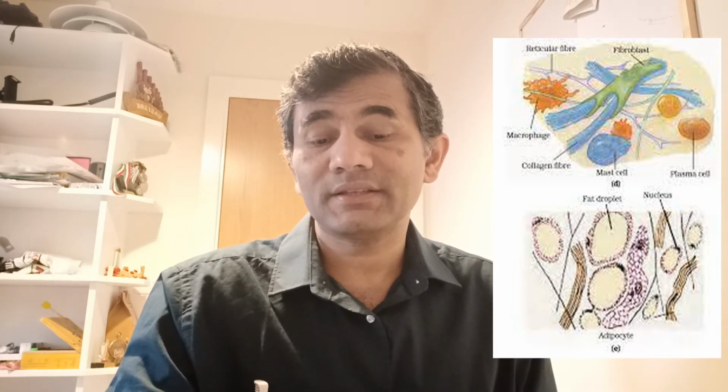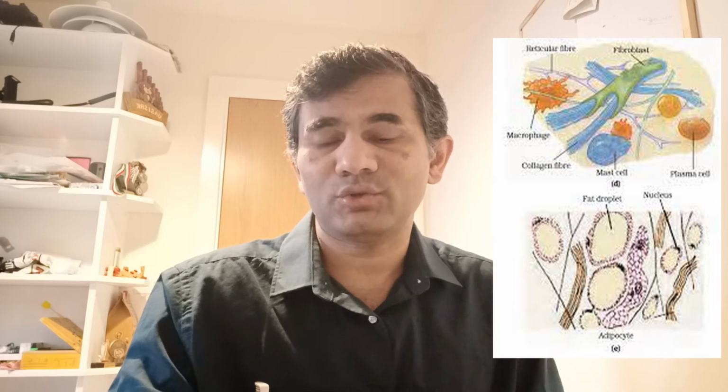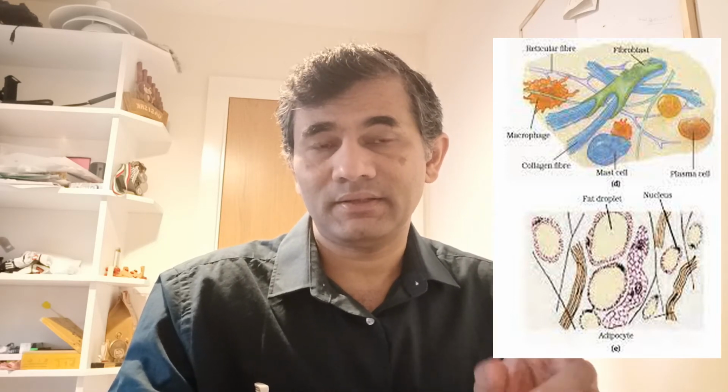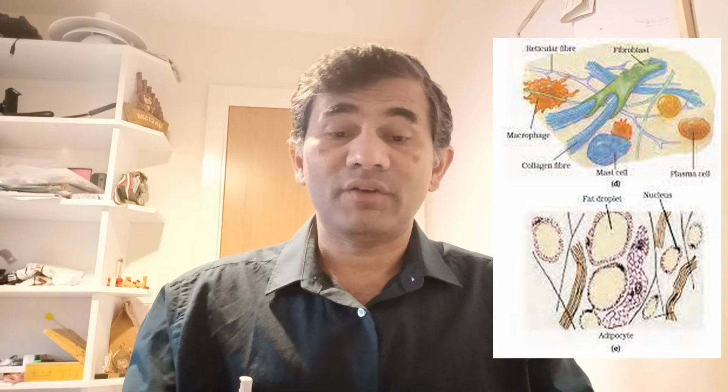And you know collagen gives tensile strength, elastin fibers give elasticity to the connective tissue, and loose connective tissue has got collagen and elastin. The cells and the fibers are scattered in matrix, which is semi-fluid. Now, as I mentioned, the loose connective tissues are of two types, areolar and adipose.